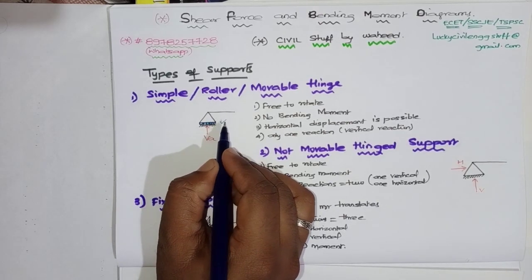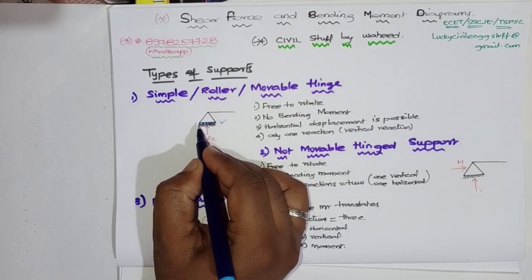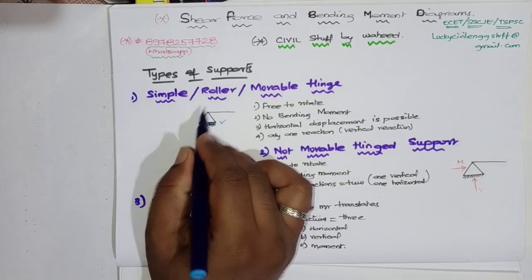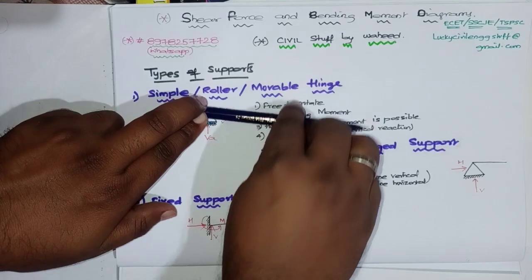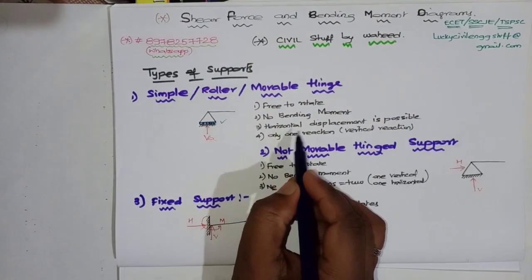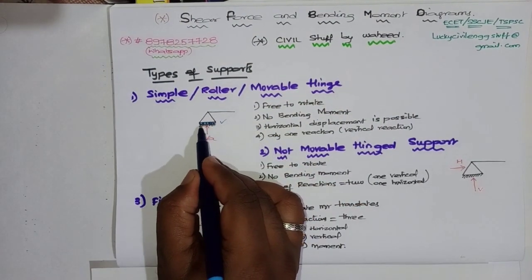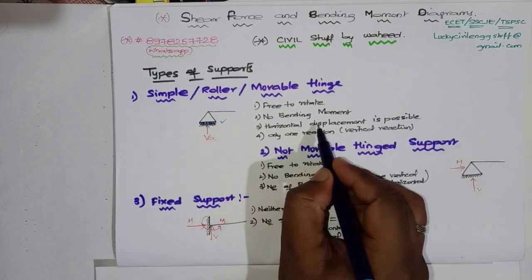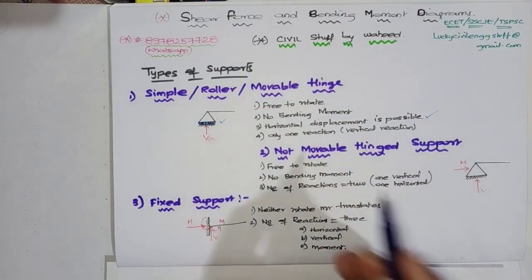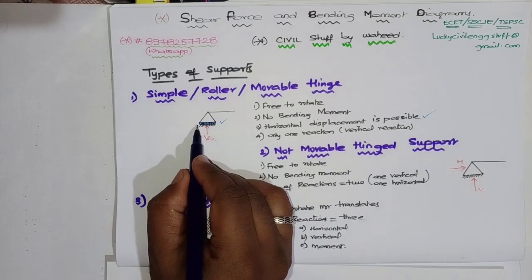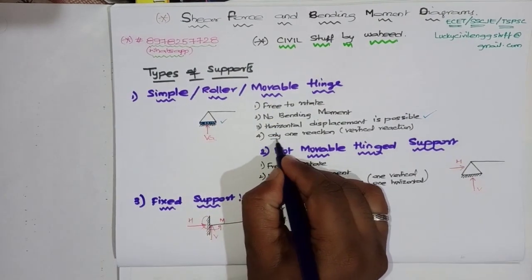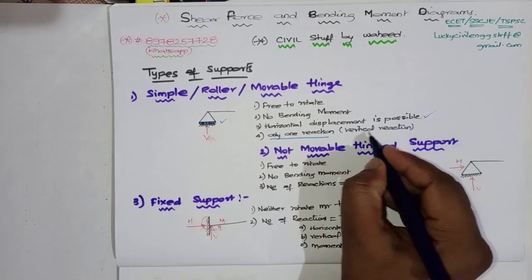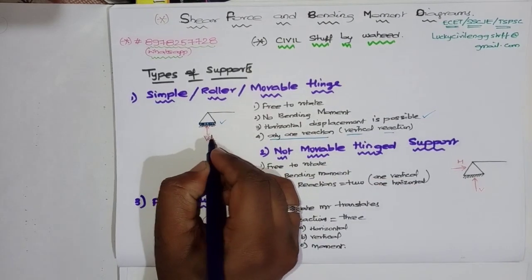In this case no bending moment will be developed and it is free to rotate. Because of the rollers, horizontal displacement is possible, and since it is free to rotate with no moment, only one reaction can be calculated, that is the vertical reaction.